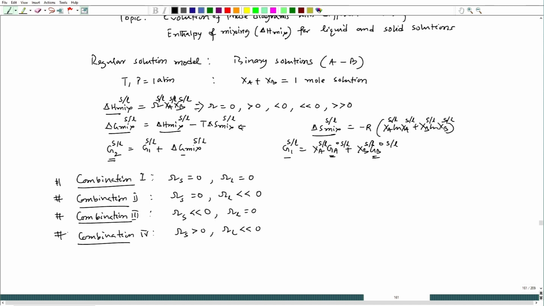And hence, we can also state that delta H mix for solid equal to 0 and delta H mix for liquid equal to 0. This gives delta H mix solid equal to 0, delta H mix liquid less than 0. So, you just reflect the same information here.